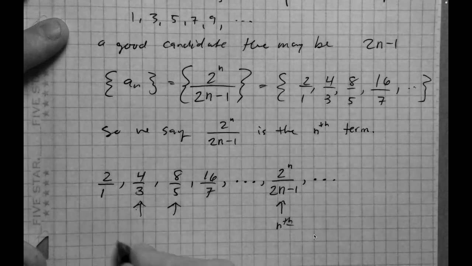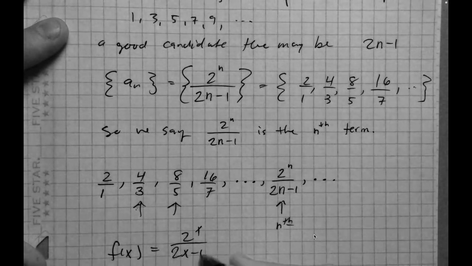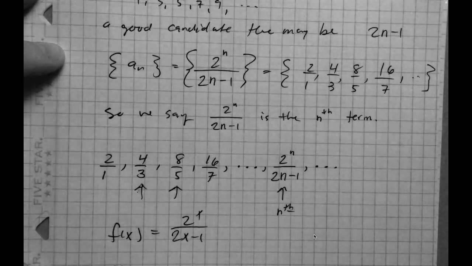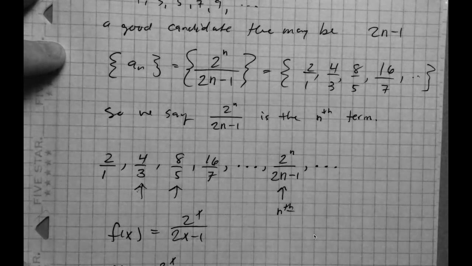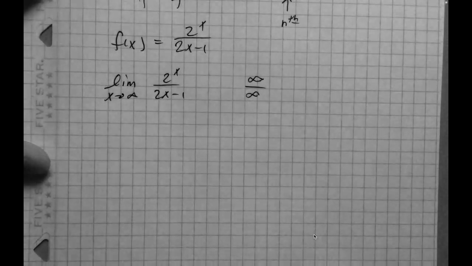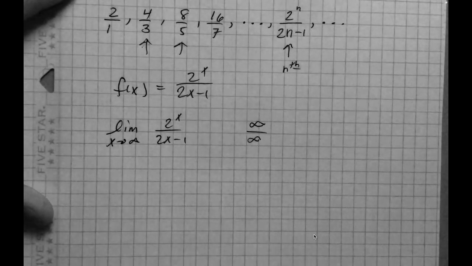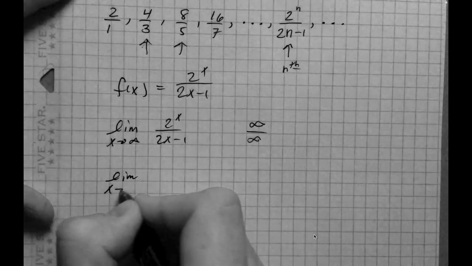But we could also figure this out. Let's think of this as f of x equals 2 to the x over 2x minus 1. And the limit there, what happens? Well, this is infinity over infinity, so we'll have to use L'Hopital's rule here. We need the limit of the derivatives.